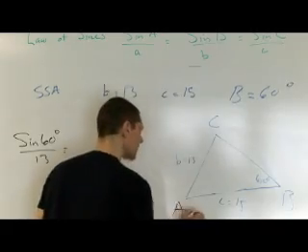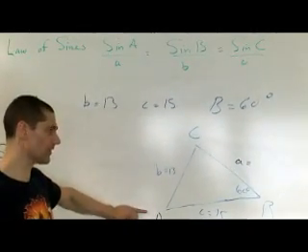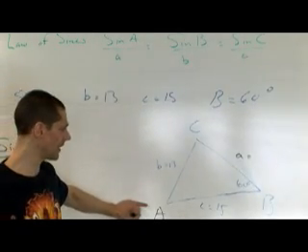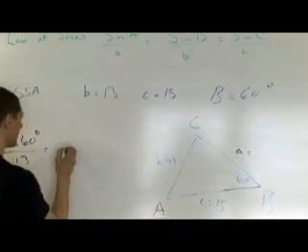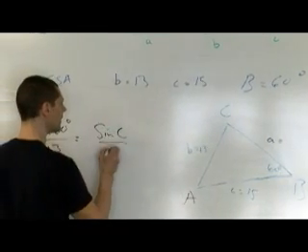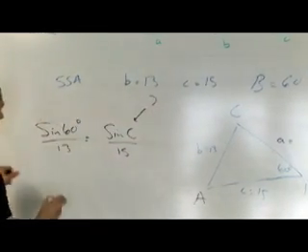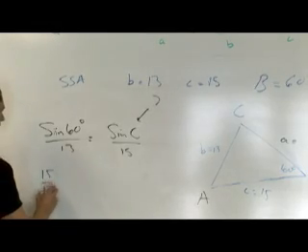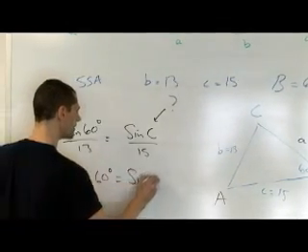Oops, I forgot. So here's a. Here's a little a. If I put sine a over little a, I have two unknowns, okay? So sine c over 15, I only have one unknown. Multiplying both sides by 15, I have 15 over 13 sine 60 degrees is equal to sine of c.